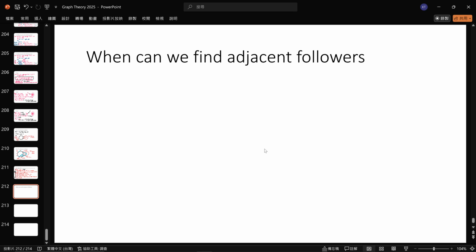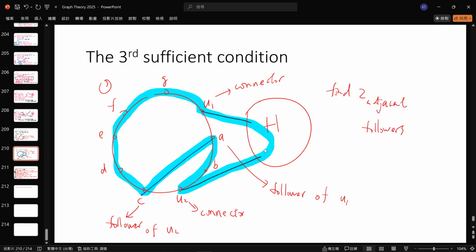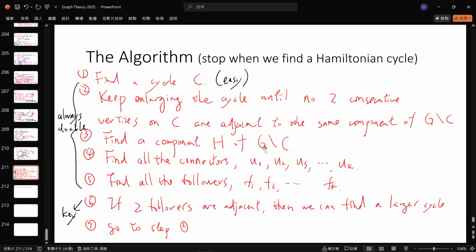Recall that the definition of a follower is the clockwise neighbor of a connector, and a connector is a vertex on a cycle which is adjacent to some component H that we find in step 3. So we first have the component, and then we find all the followers and connectors.